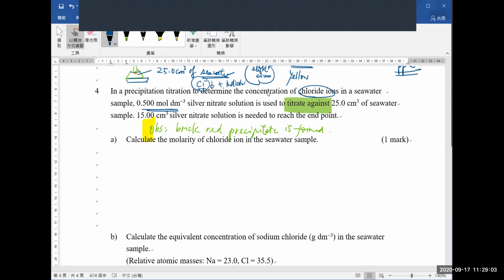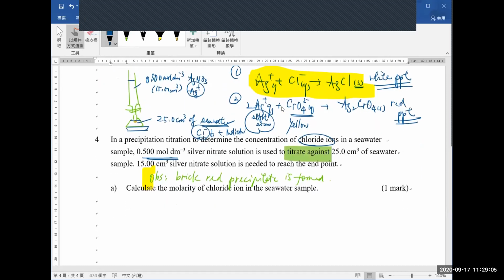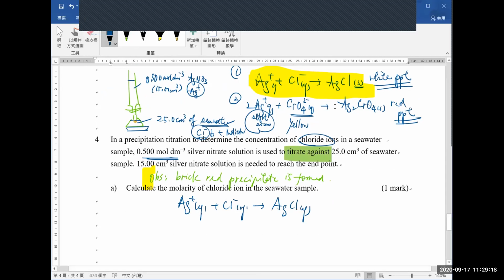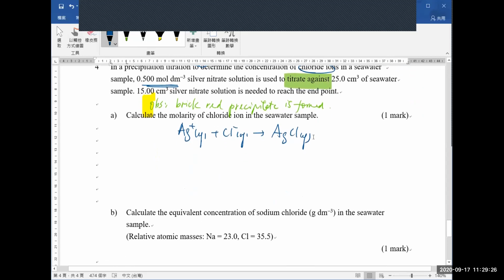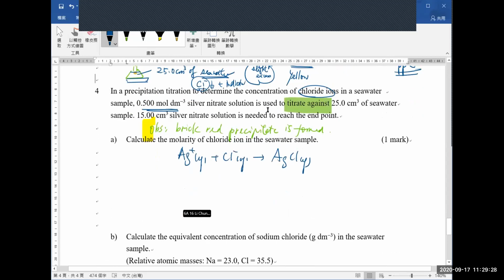As I said before, the highlighted one. Everything starts from this equation. So you are going to write down the equation and use this to do the mole calculations. Are you here? Yep, just continue.